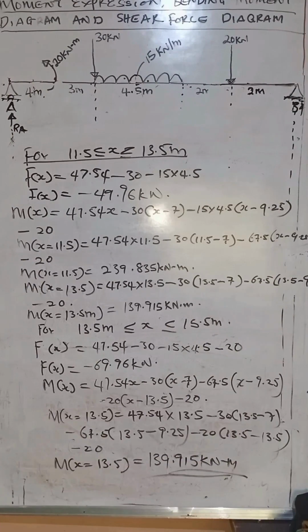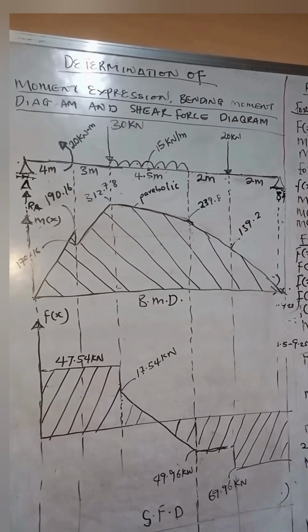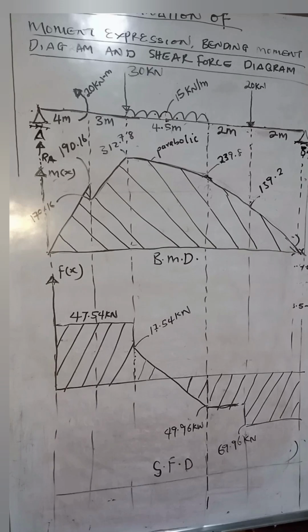So once we're able to plot these various points, we can now plot the bending moment diagram. Now note that if you want to draw the bending moment diagram on the board according to the zones, you have it like this.